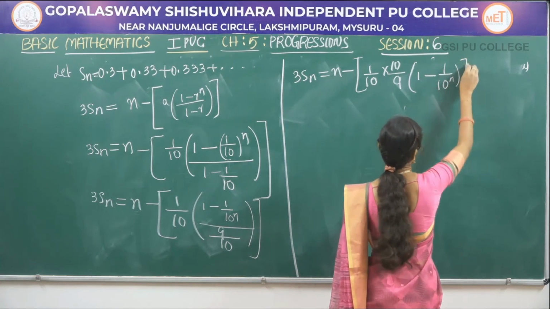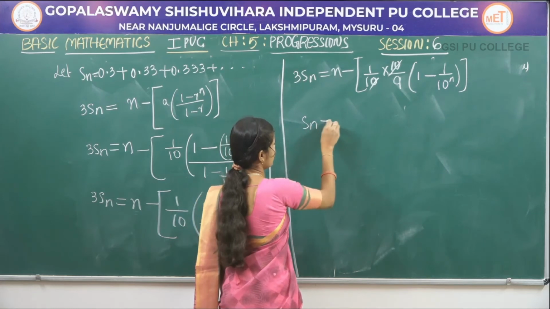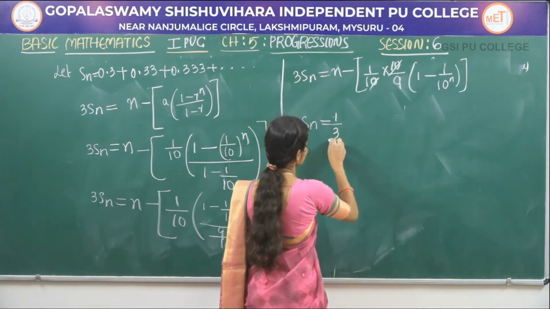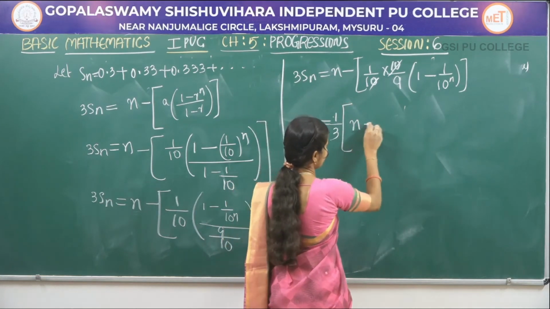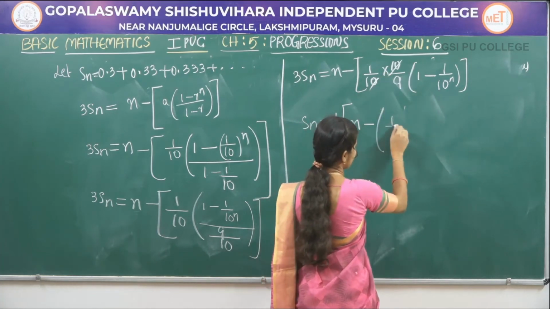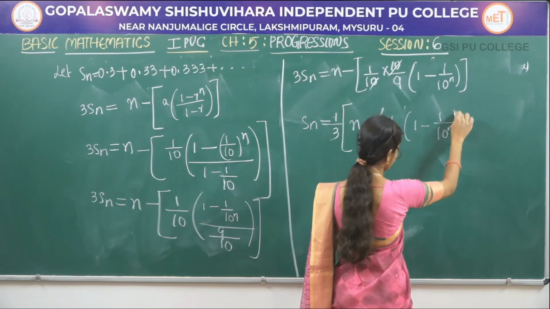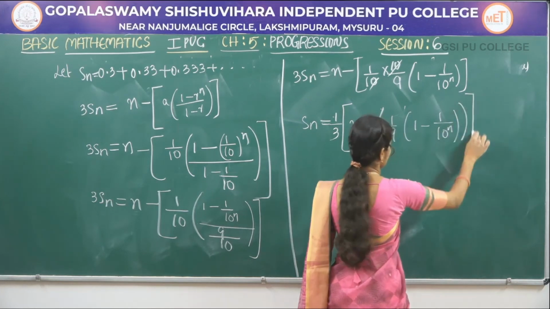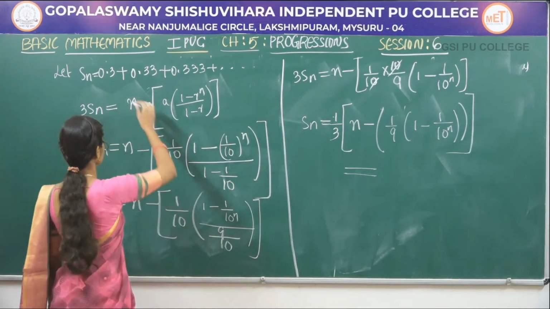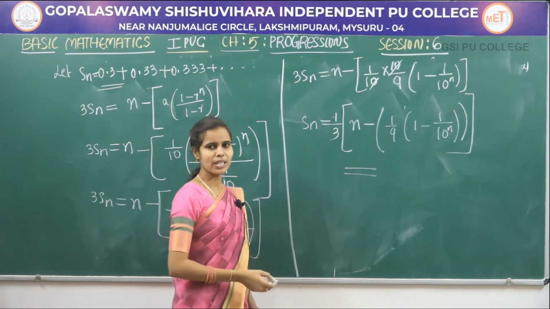Here the 10s get cancelled. Therefore Sn is equal to, cross multiply here, 1 by 3 into n minus 1 by 9 into 1 minus 1 by 10 to the power of n. So this is the required sum. Okay, so next let us move on to the next problem.